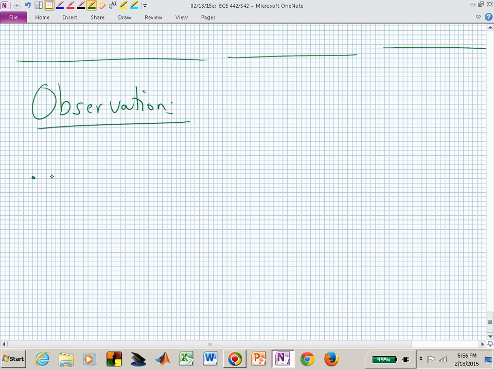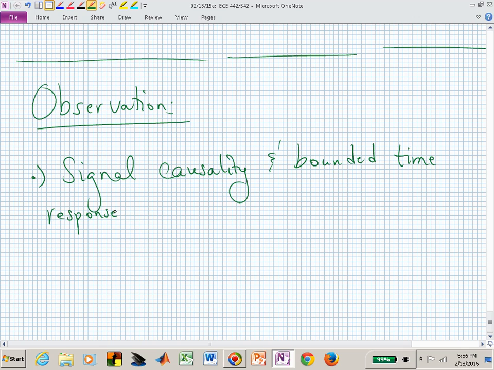And that is that signal causality and bounded time response, let's say the behavior of the bounded time response, are two separate characteristics.